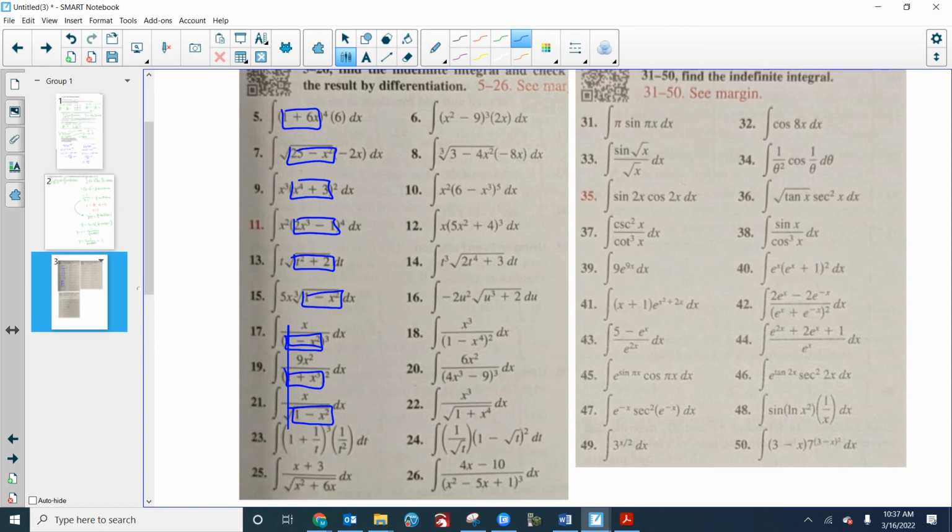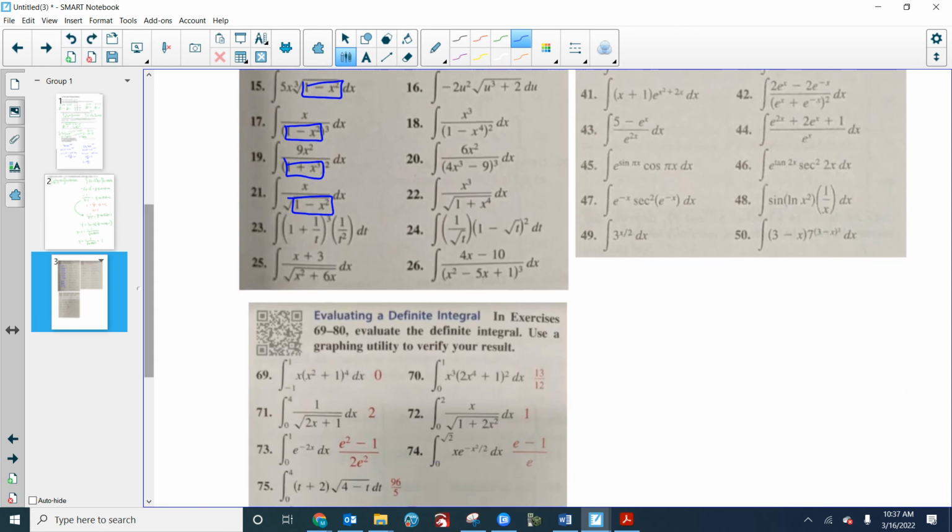Ooh, not that. The inside, and look, you should be able to predict what the du is going to be. Well, the 1 goes away. What's the derivative of 1 over t? If you let u equal 1 plus 1 over t, what's the du? Derivative.